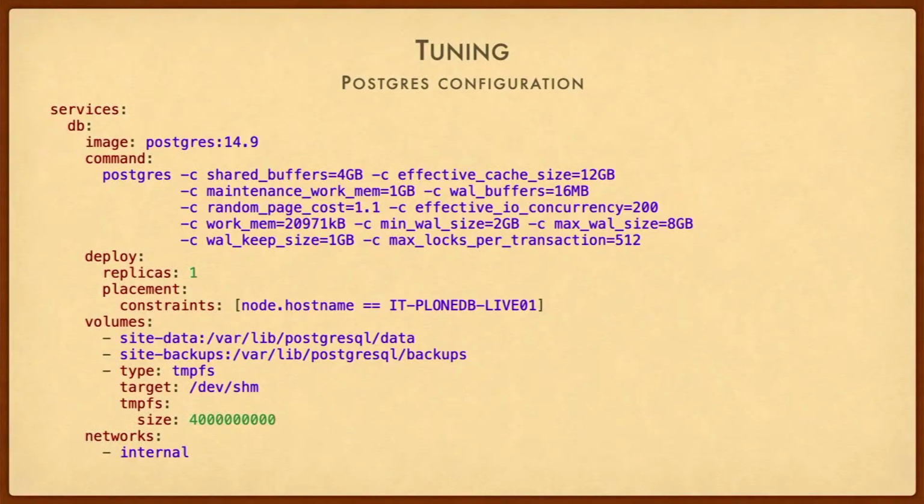This is the solution to that. Postgres has a limit on how many objects can be locked. It's this number times the number of connections that are allowed to Postgres. So if you hit that error, you might need to increase the max locks per transaction.